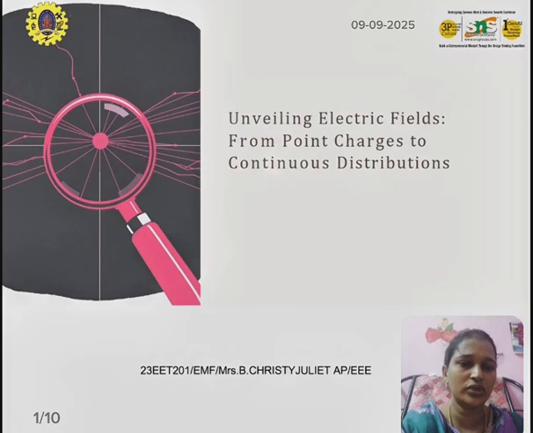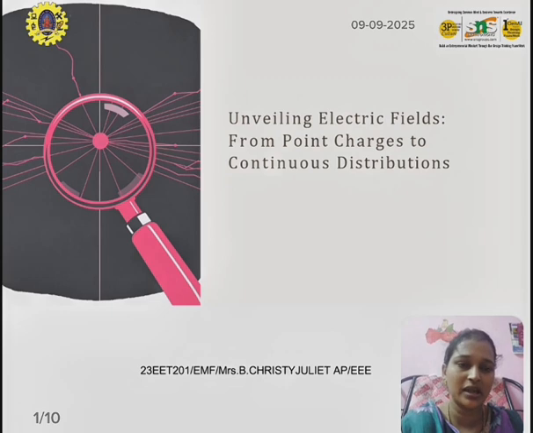As we all know, there are different charge distributions: point charge, line charge, surface charge distribution, and then volume charge distribution. A point charge is the smallest infinitesimal charge that can be represented as a point charge, and line charge is nothing but the charges that are aligned on a tungsten filament.